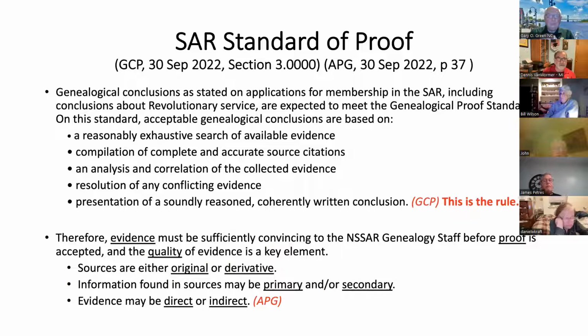So again, we have the SAR standard of proof. Hopefully you're getting used to seeing this. The first bullet is from the point I wanted to mention here. For this session specifically, if you look at the citations I have under the title, I have used the latest version of the Genealogy Committee policies and the new application preparation guide, both dated 30th of September, which was when they were approved by the Genealogy Committee at Fall Leadership.